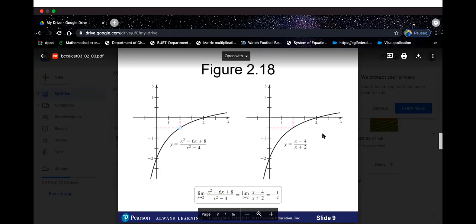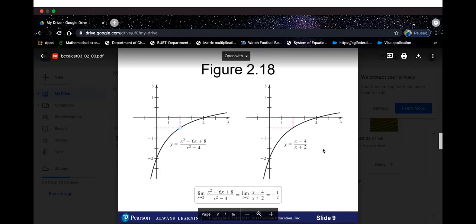On the right? Yes, if we plug in 2 in the second function, we're going to get minus half over 2. So is it because of this reason we don't have a hole? First of all, if you plug in 2, your denominator is not getting 0.